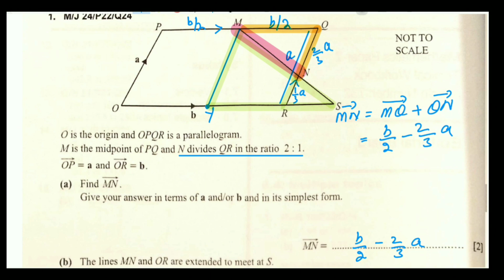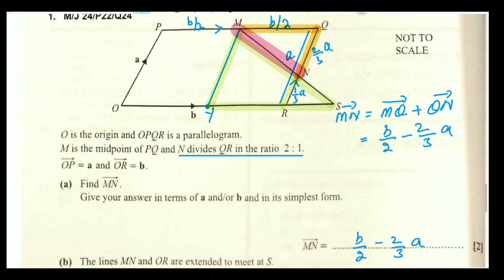As we know, the triangles inside triangles are similar. If there are two triangles in one triangle, they are similar. So it means that triangle MYS and triangle NRS are similar. So we have to solve it now with the help of similarity.